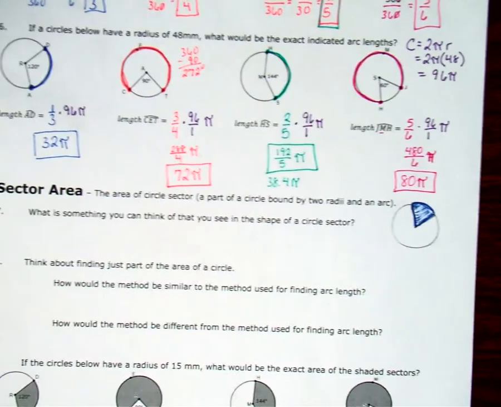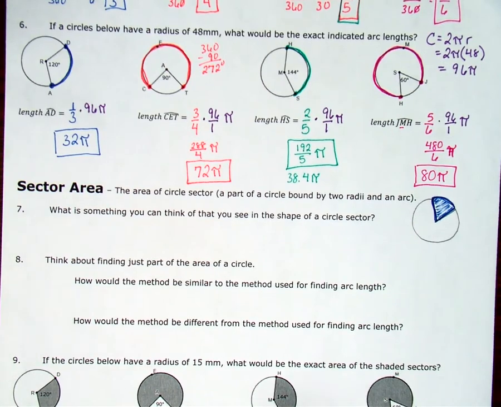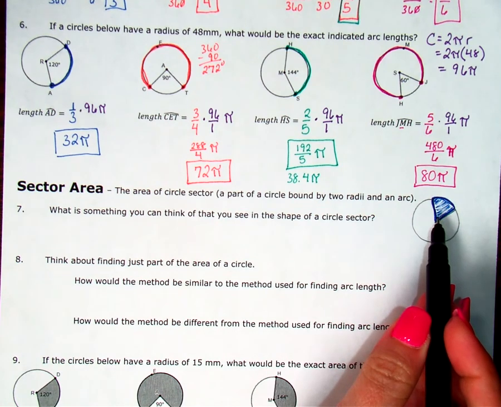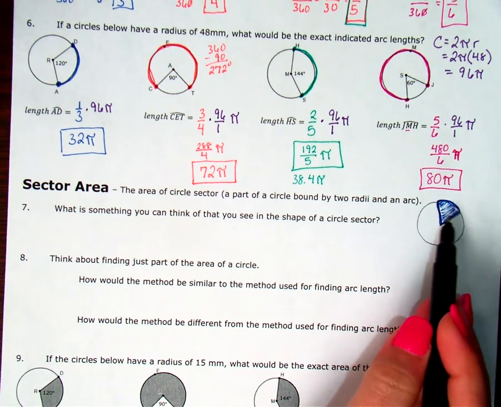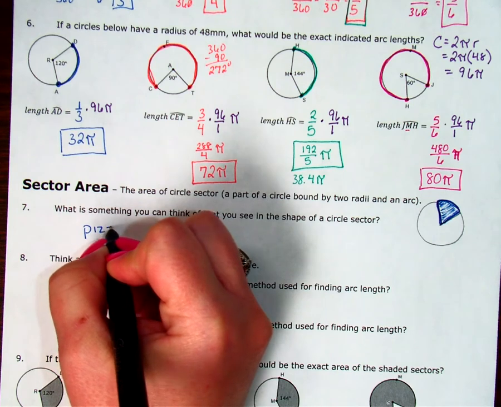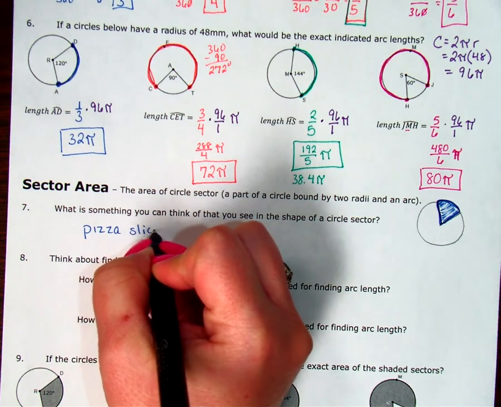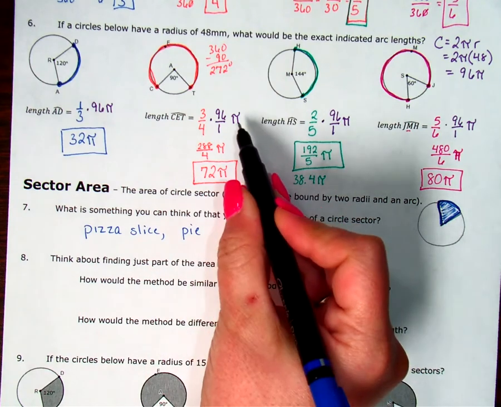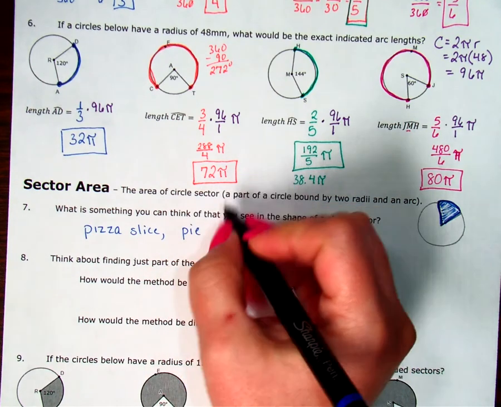My next question is, what is something we think of when we see that shape? Because I missed breakfast this morning, the first thing I'm thinking of is food. The main thing I think of is a piece of pizza, or pie. Not pie like we use in math, but pie like we eat at Thanksgiving.